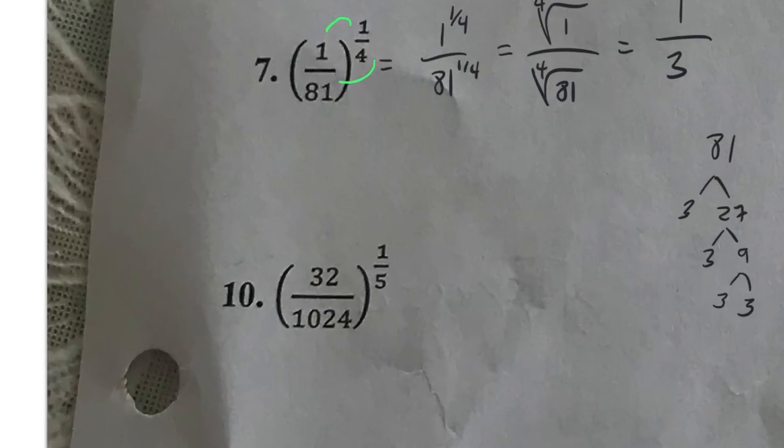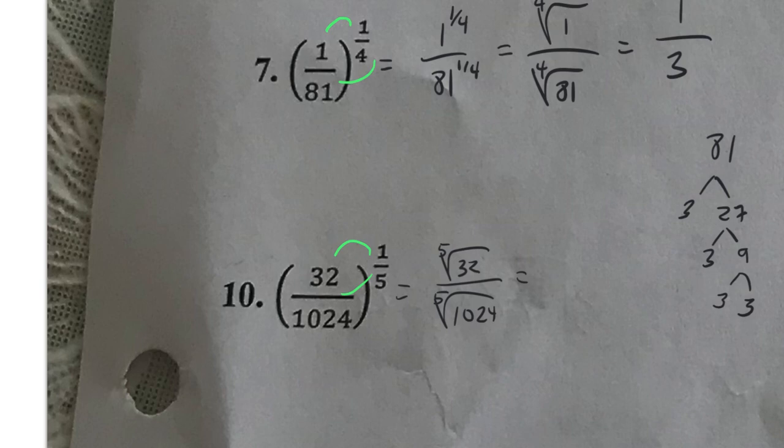Okay, so the exponent of 1/5 would get applied to the top and the bottom. We're looking at the 5th root, therefore, of 32, and the 5th root of 1024. It was the case from the previous slide that 32, you may recall, is 2 to the 5th, and we just finished saying that 1024 is 2 to the 10th.